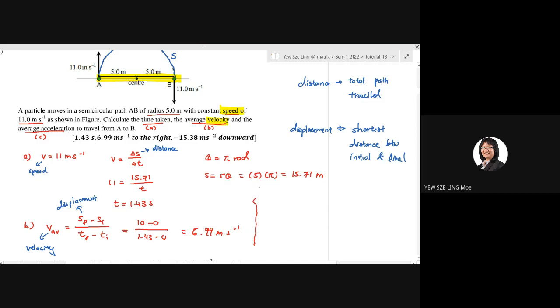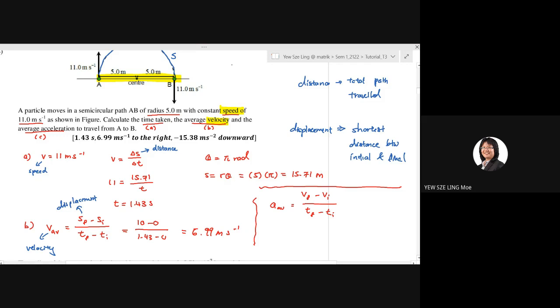Next, we want to look at average acceleration. How to calculate average acceleration? A average equals V final minus V initial over T final minus T initial. For acceleration, you're looking at velocity.